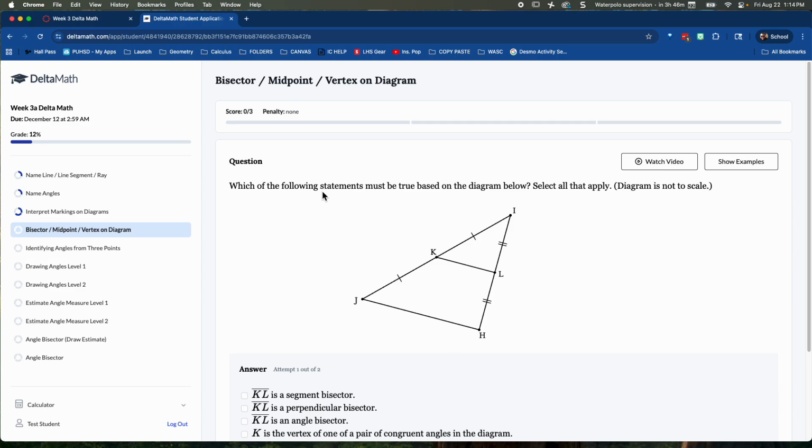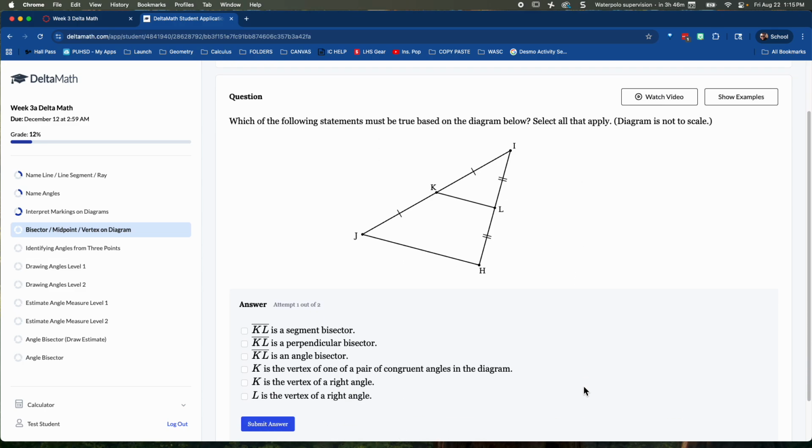But this is asking which statement is true. For something to be a bisector, that means that it splits something else into two equal halves. So KL does in fact split this side into two equal halves, so that's true.